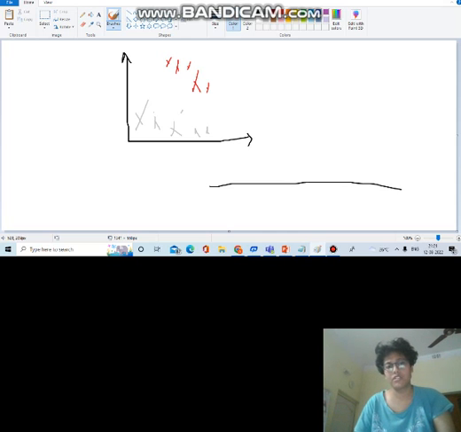Suppose I am considering my centroid value is 2. I am choosing randomly, but there is a process for choosing the centroid value. I will tell that first of all, I choose the centroid value randomly.